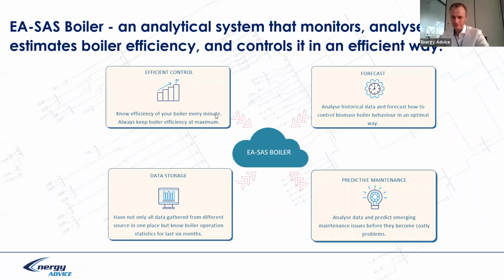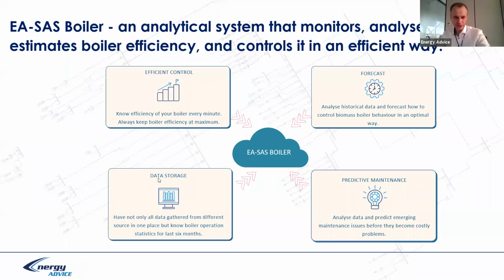We allow you to get knowledge about efficiency not after 1 month or 1 week or 1 day, because 1 day is history, 1 week is also history, but we allow you to understand in a minute range, in a 5-minute range, and this is now, because we are living now, so decisions could be made now according to the analytical system proposals and optimum set points. And you can always keep boiler efficiency at a maximum.